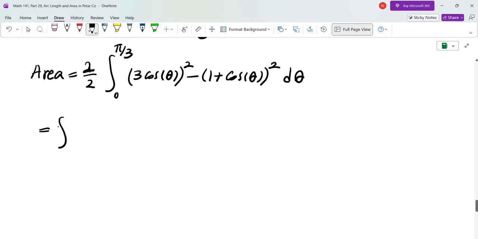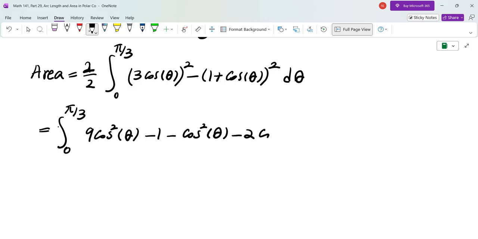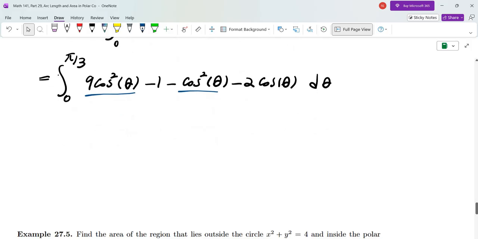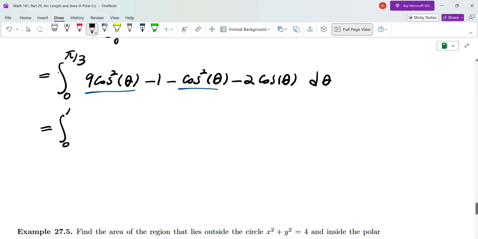So now we'll have to integrate this. So how do we integrate this? First, we have to expand this one. So we get 9 cosine squared minus 1 minus cosine squared minus 2 cosine of theta d theta. These two give us 8 cosine squared. So that gives us integral from 0 to pi over 3 of 8 cosine squared.